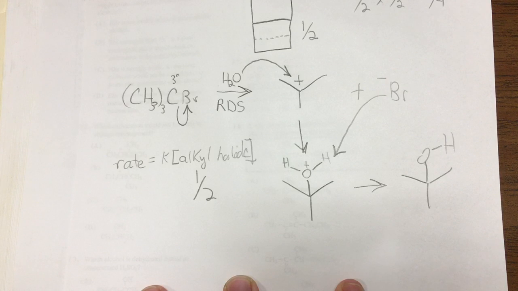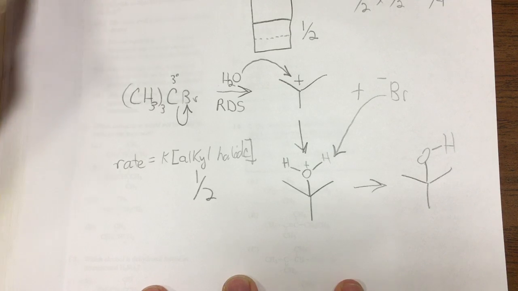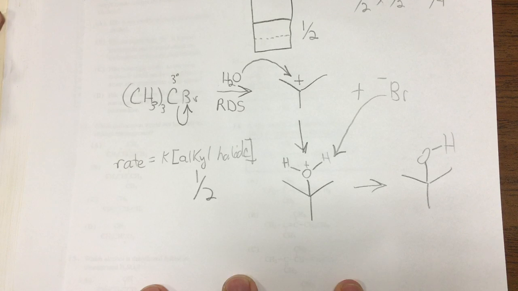And so if they ask this with an SN1 reaction, the speed of the reaction would go down by 1/2, instead of 1/4 like in the previous example. Okay, and that's a little review of SN1, SN2.